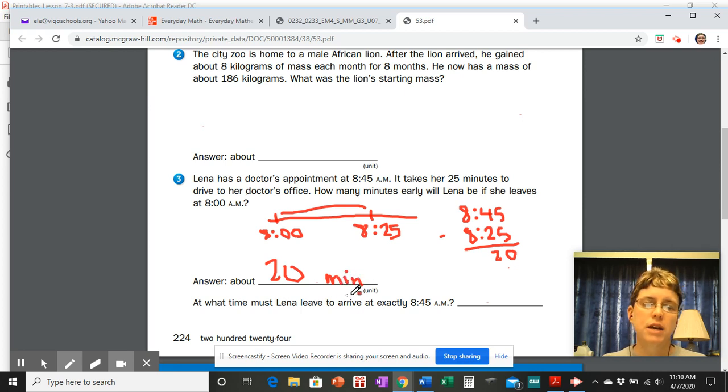Then it said, at what time must she leave to be there at exactly 8:45? So if it takes her 25 minutes, then she would need to leave at 8:20.